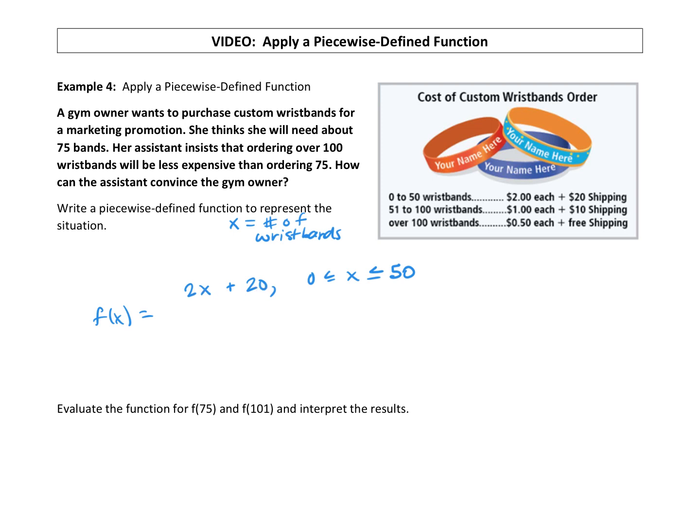All right, well then we have, what if we order from 51 to 100 wristbands? Well, now they're just $1 each with less shipping. So let's write a function for that piece of it. $1 each, so 1x or just x, plus our $10 of shipping. And this is going to be the price point if we order more than 50 up to 100.